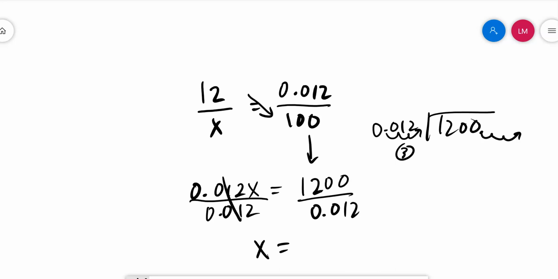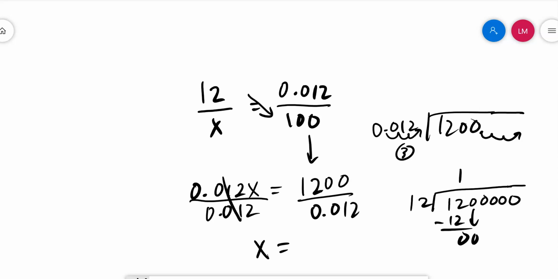1, 2, 3. So when I rewrite this, it's 12 dividing into 1 with 1, 2, 3 zeros. What a big number. Yikes. And here's the beauty of this one. For every 0, just put it up here. So 1, 2, 3, 4, 5 zeros.